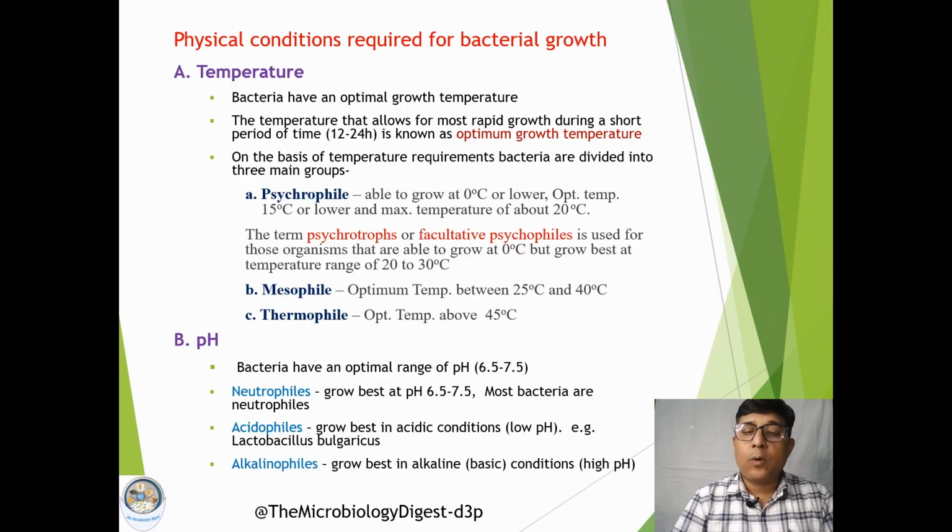For all bacteria, there is a temperature at which bacteria favor growth. That temperature is called the optimal growth temperature. It is different from bacteria to bacteria. Optimum growth temperature is the temperature which allows rapid growth of bacteria within a very short period of time.